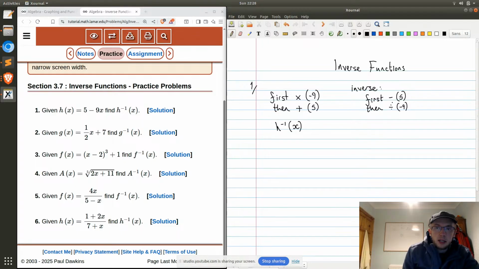So what would that look like? It would look like x minus 5 divided by -9. But that doesn't look very pleasant, so I guess x minus 5 over -9.